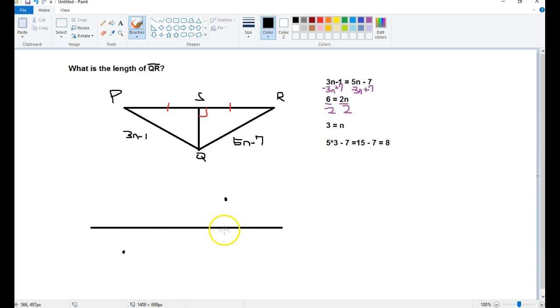To find the shortest distance between a point and any line is always going to be the line perpendicular to the point. So point to line, this must be perpendicular. We're going to have these things being perpendicular here.